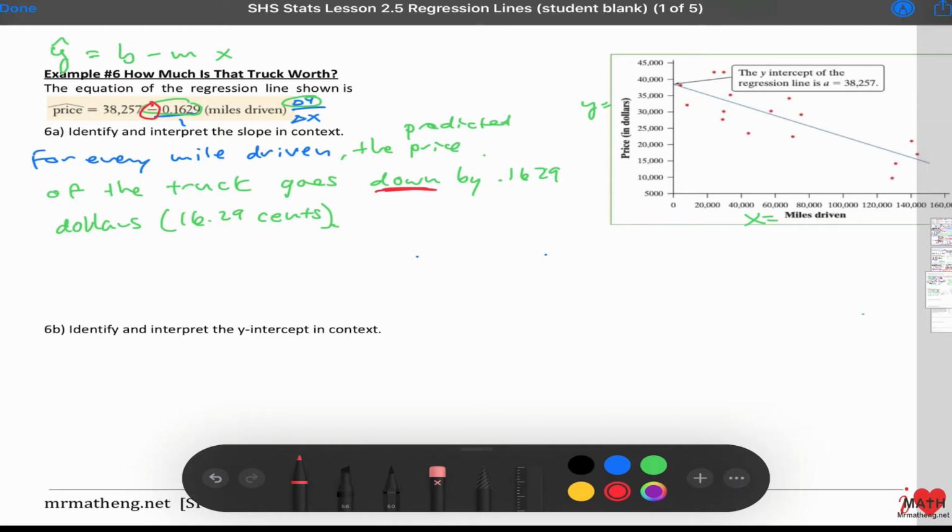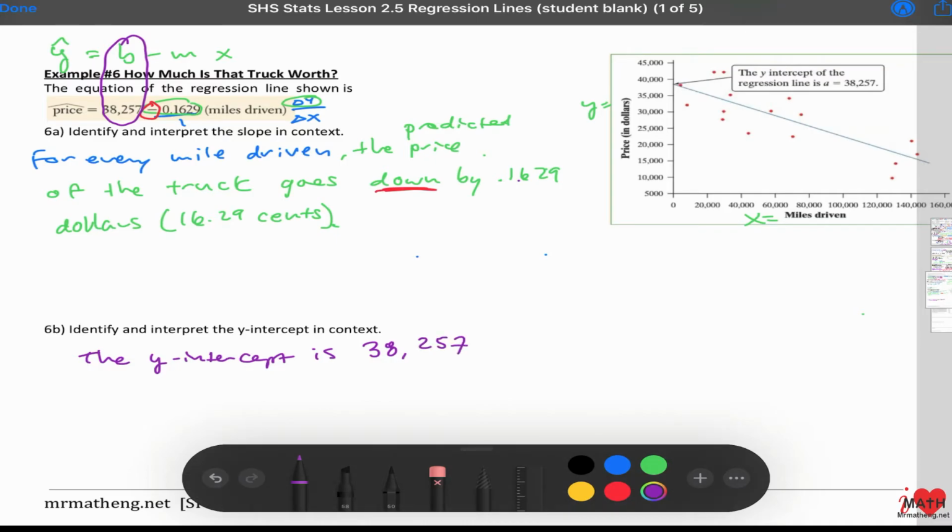Okay, identify and interpret the y-intercept. So the y-intercept is, of course, the number that does not have the value of x. So the y-intercept is 38,257.